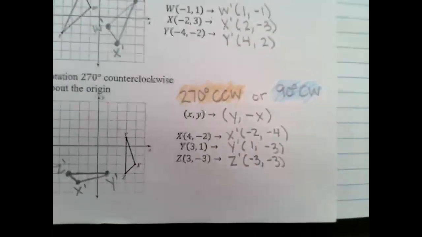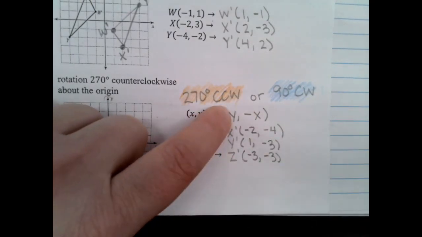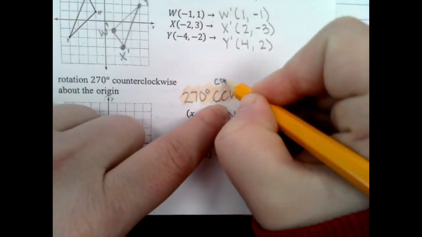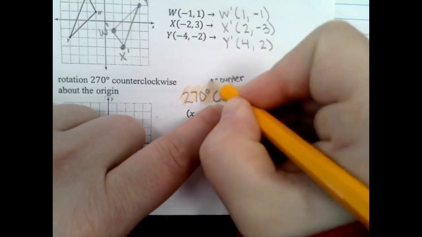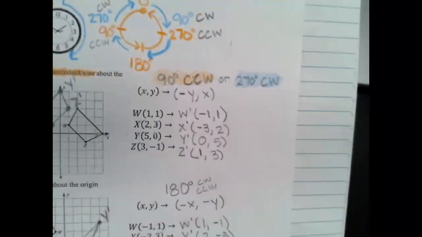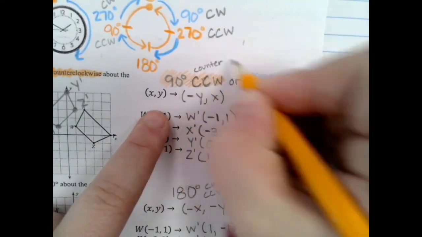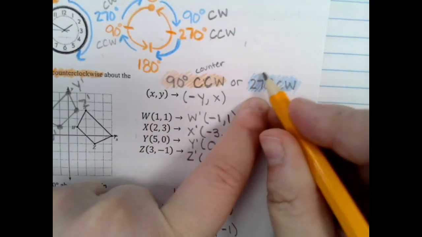So when we did this two days ago, Friday, CCW stood for counterclockwise. So if you need to write that next to it, that this is counterclockwise. Up here at the top, we had 90 degrees counterclockwise. But that was the same as 270 degrees clockwise.